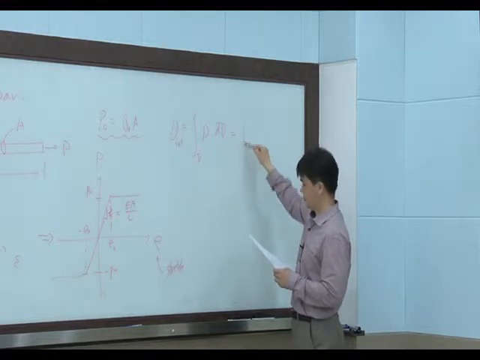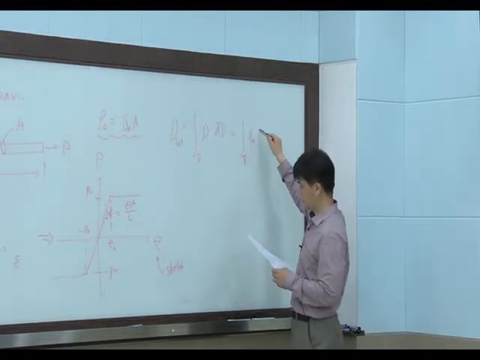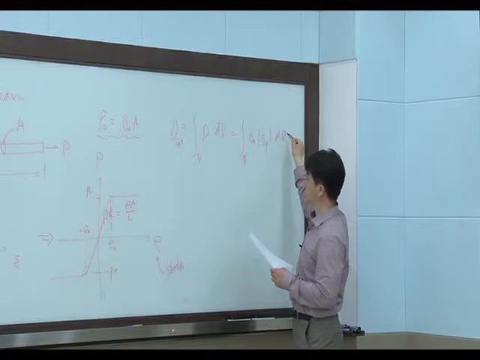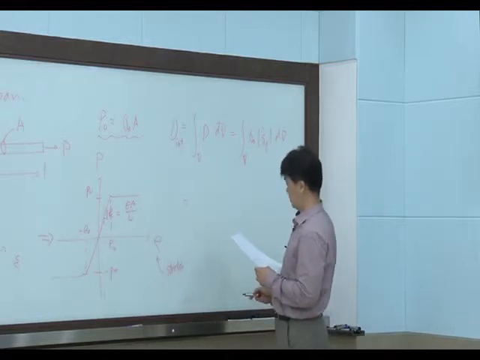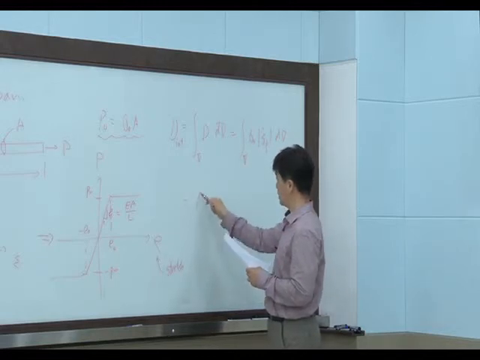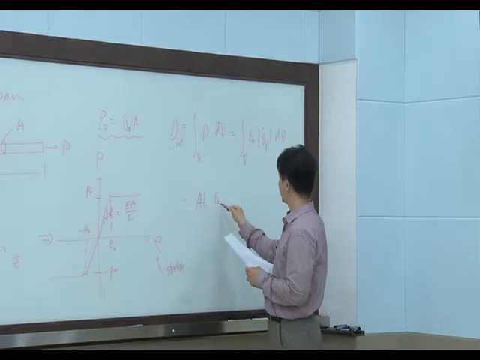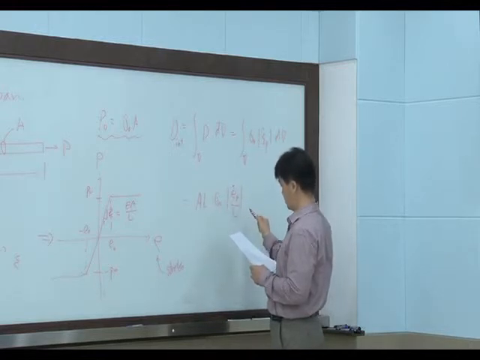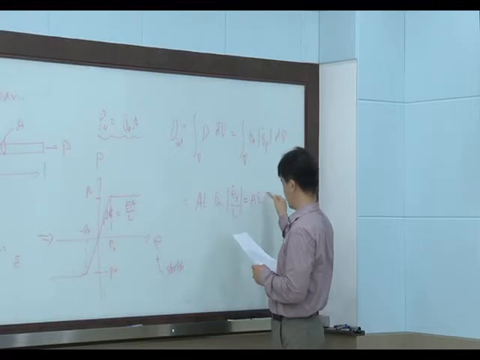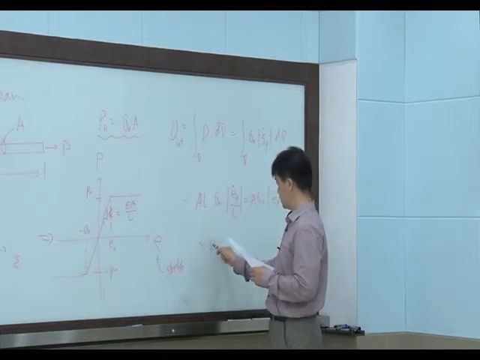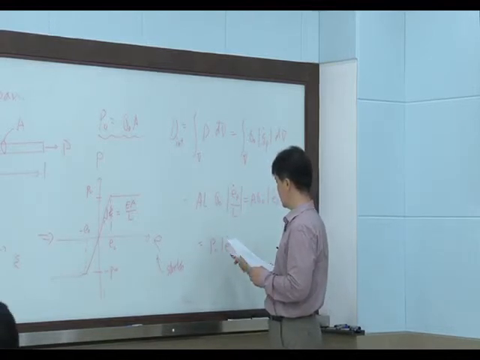Then this becomes the integral over volume of D dV, which for the bar case becomes A L sigma 0 and epsilon dot p, which equals A sigma 0 e dot p, which equals P0 e dot p.